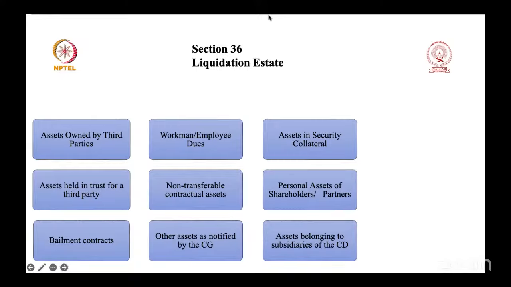But we also remember the case laws where NCLT has clearly said that unless 60% of the entire credit amount is owed to one single creditor, he cannot walk away with the secured asset.